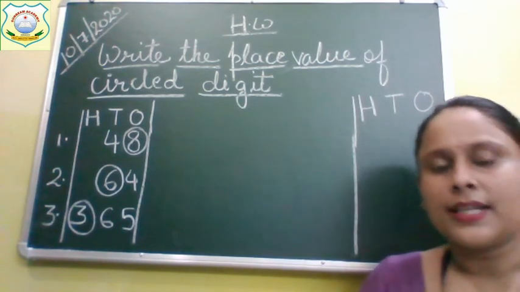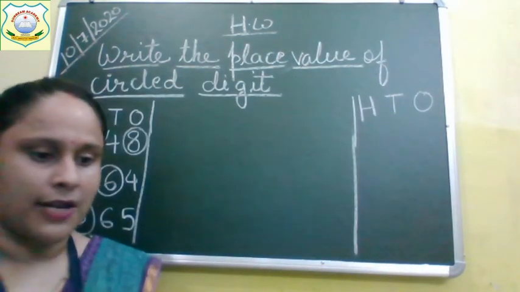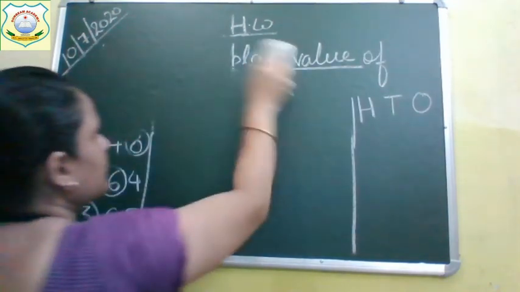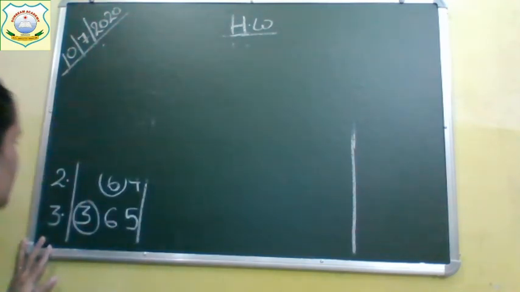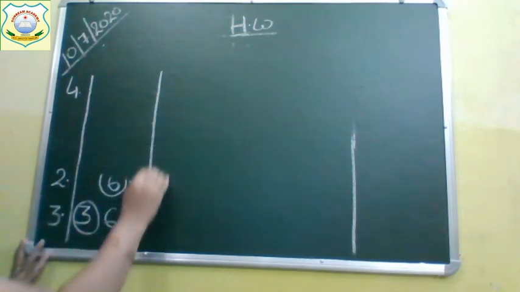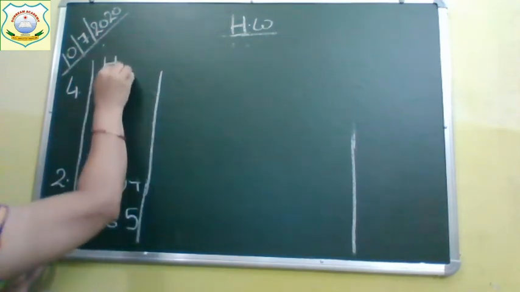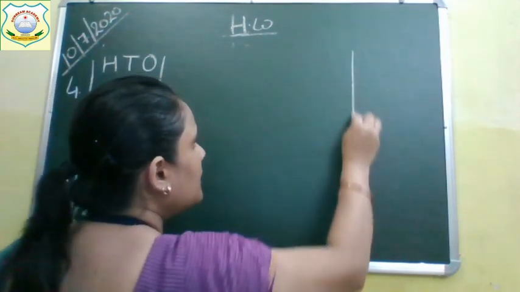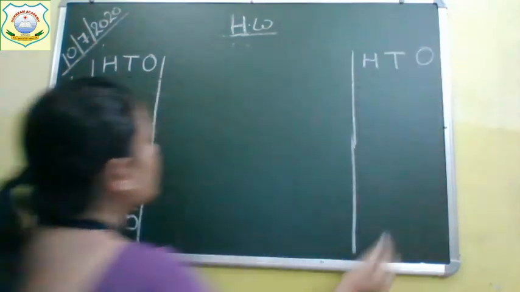Children, now see the fourth question. Note down the fourth question, everyone. See, fourth question of yours is 100, tens, ones. This side also 100, tens, ones.